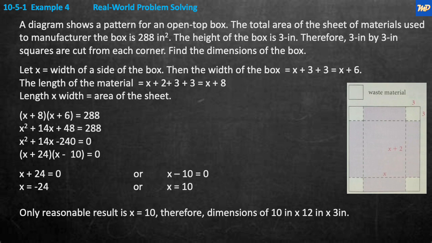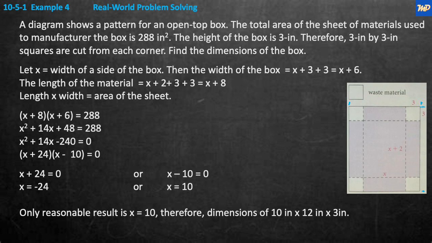What they're saying here is that the distance from here to here and from here to here is the overall sheet of material that they're going to use, and they say it is equal to 288 inches squared. The height of the box is going to be 3 inches. They show that right here, the height of the box, and this cut right here.